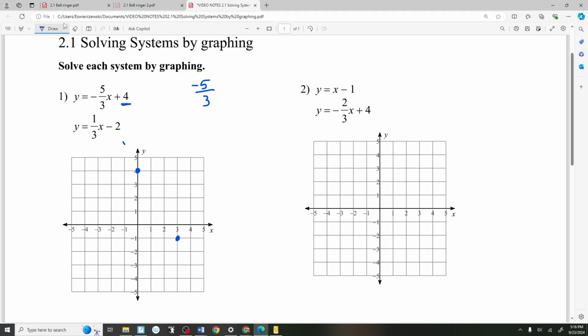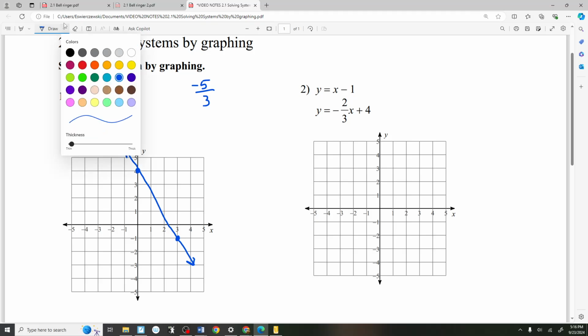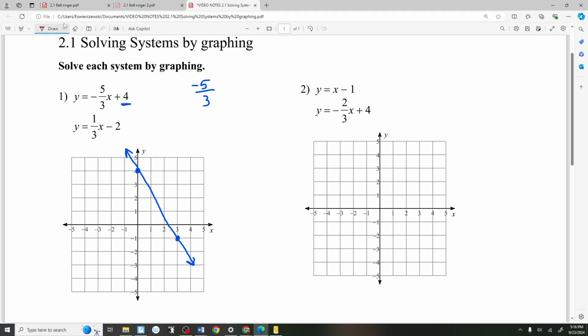And then I'm going to draw my line as best as I can. It's just hard. Okay, there we go. Now for the second equation, I'll switch colors here. I'm going to do the same thing. Start with my y-intercept. So y-intercept is negative 2. Click on the y-axis, go down 2.